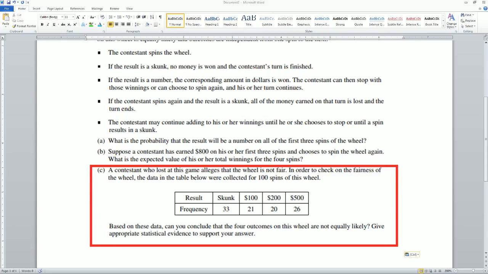Next, part B. Suppose a contestant earned 800 bucks on his or her first three spins and chooses to spin the wheel again, so a fourth time. What is the expected value of his or her total winnings for the fourth time? Okay, you want to do that next?